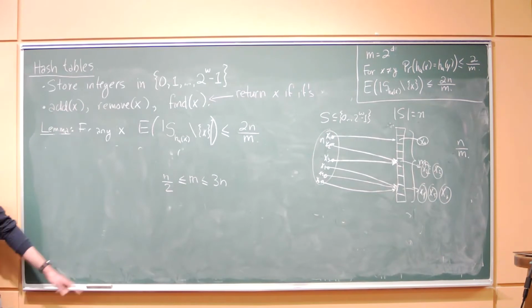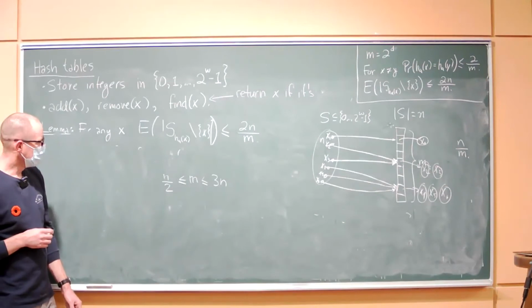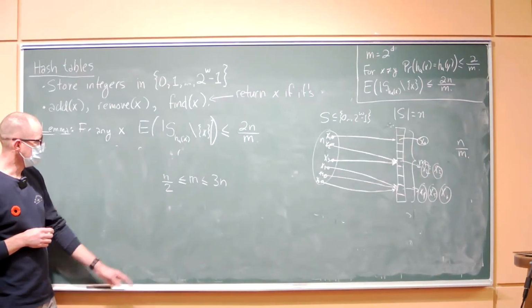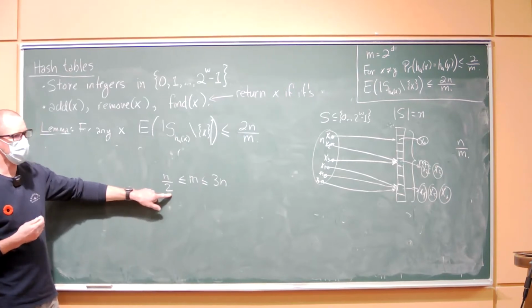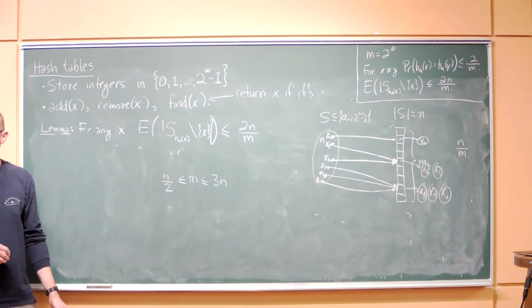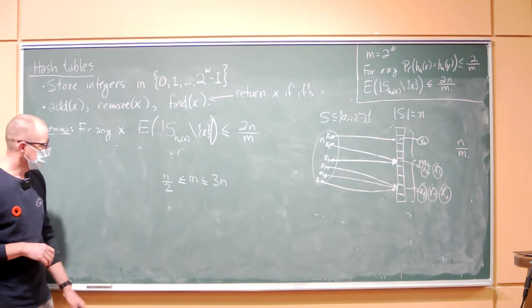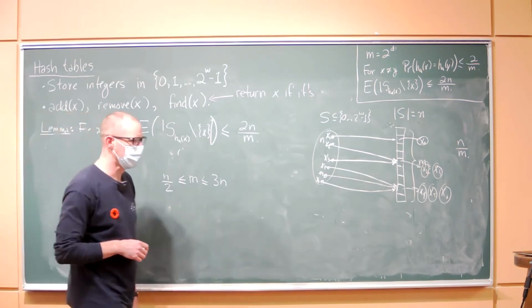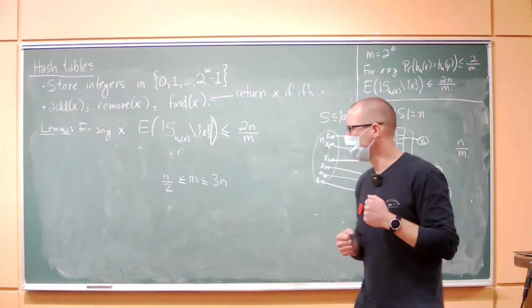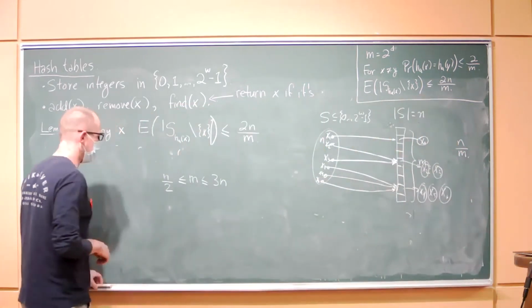And whenever that gets violated, like if you add too much stuff and this isn't true, then you do something like double the size of m. So this is the standard amortization trick for keeping an array, growing an array when you need to. All right, so that was too easy.